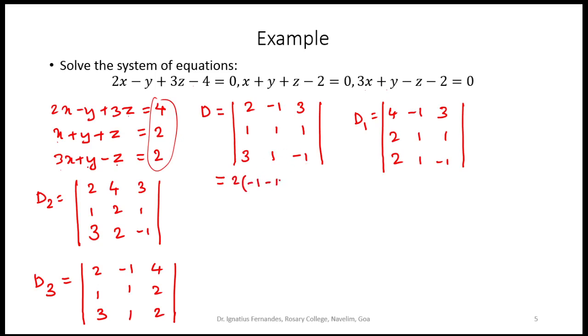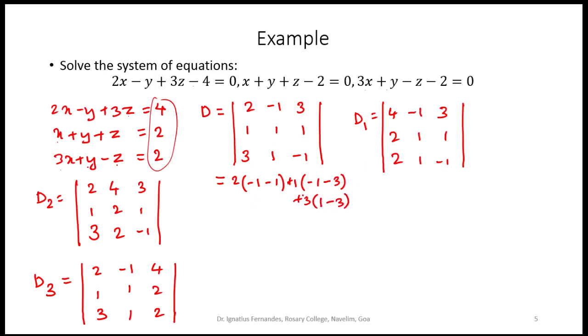Minus 1 into 1 is 1. Then minus of minus 1 will be plus 1 into 1 into minus 1 is minus 1. Minus 3 into 1 is 3. Plus 3 into 1 into 1 is 1. Minus 3 into 1 is 3.